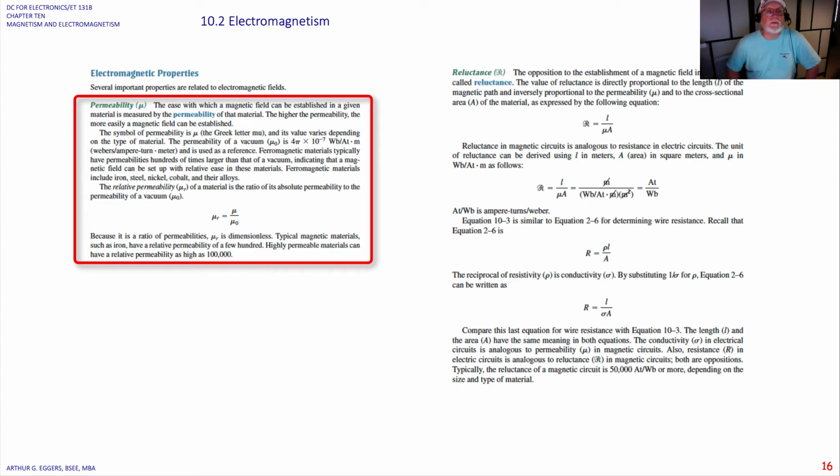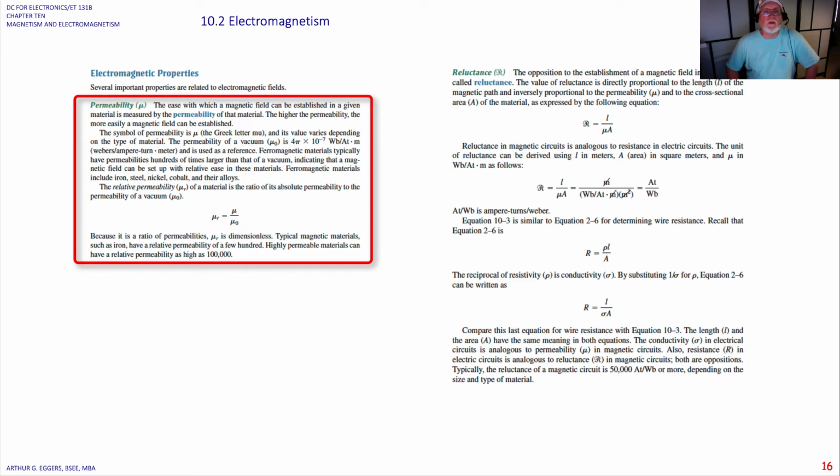Ferromagnetic materials typically have permeabilities hundreds of times larger than that of a vacuum, indicating that a magnetic field can be set up with relative ease in these materials. Ferromagnetic materials include iron, steel, nickel, cobalt, and other materials.